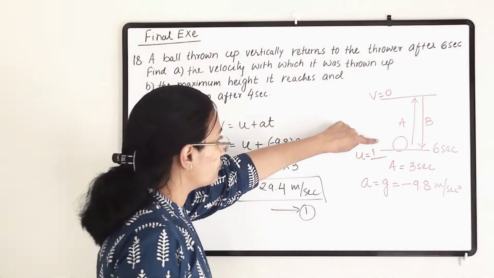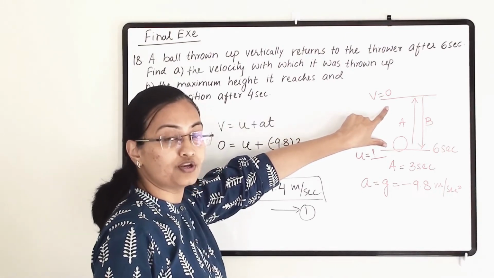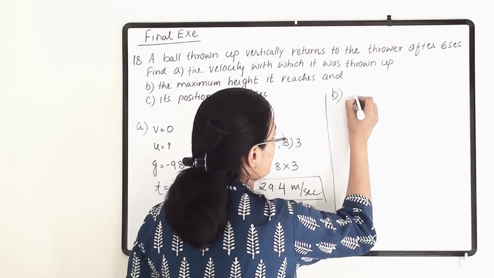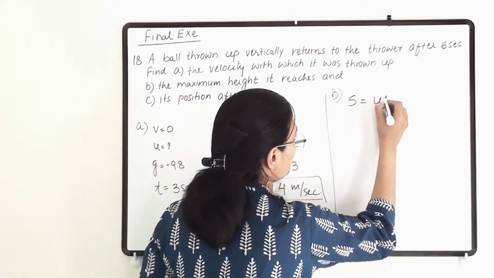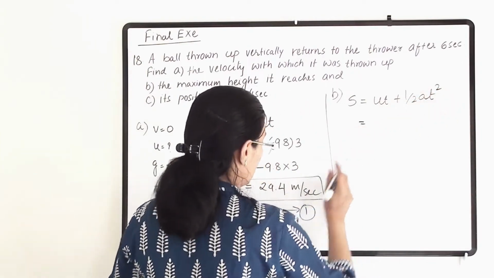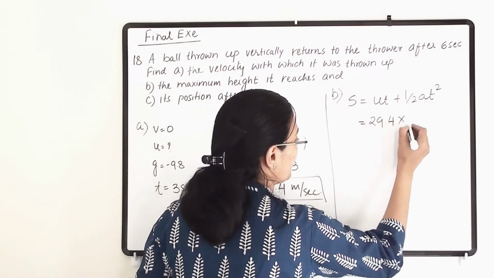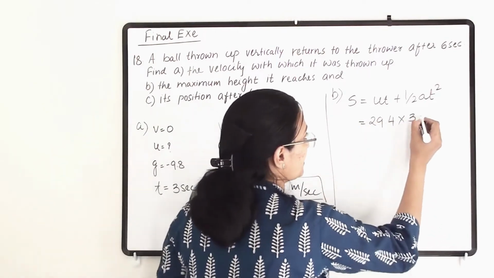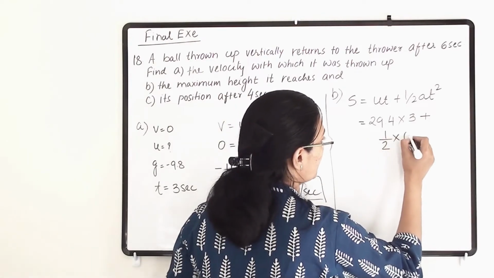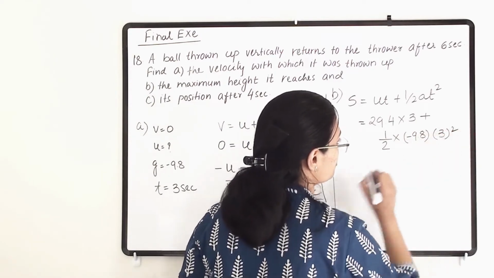When we are throwing it upward, that is the path we are taking, and we are going to find out the distance. So for part B, we are going to find the distance, s equals ut plus 1/2 at square. Now the initial velocity we know is 29.4, time is 3, then plus 1/2 into minus 9.8 into time 3 squared.